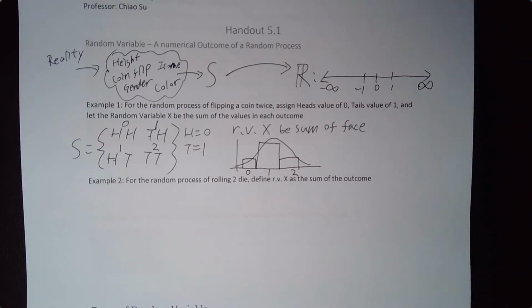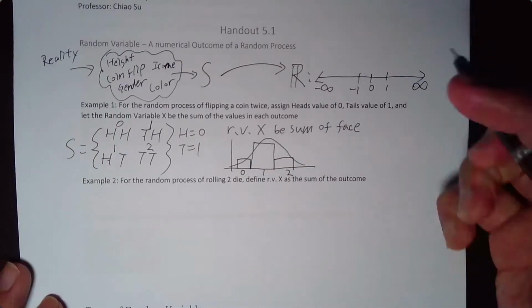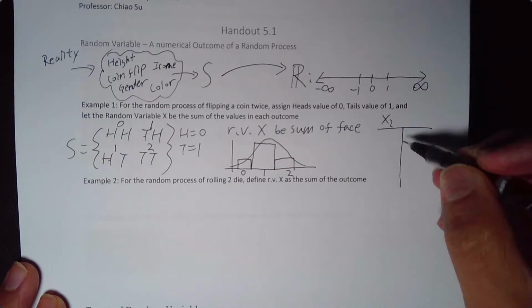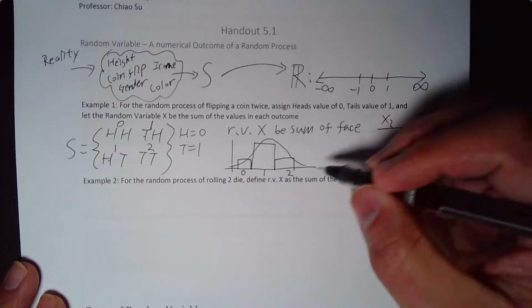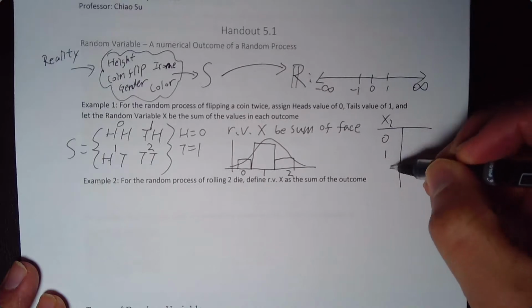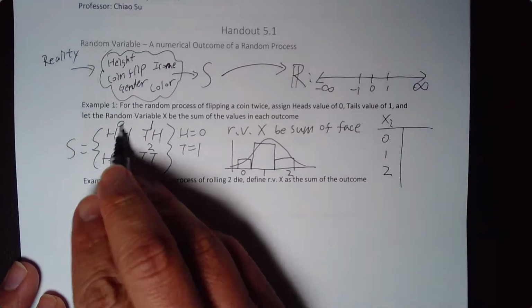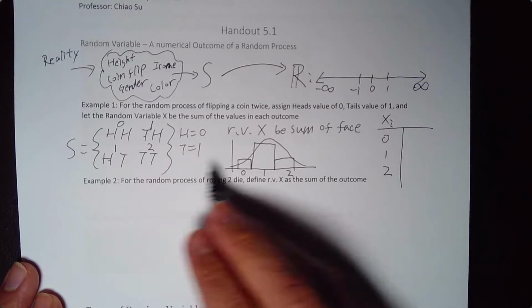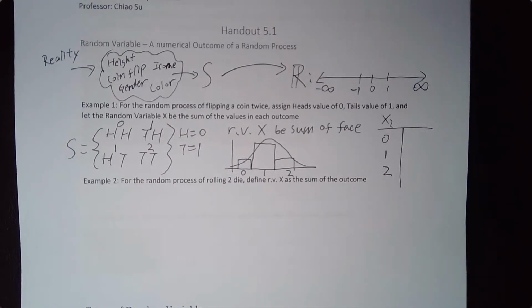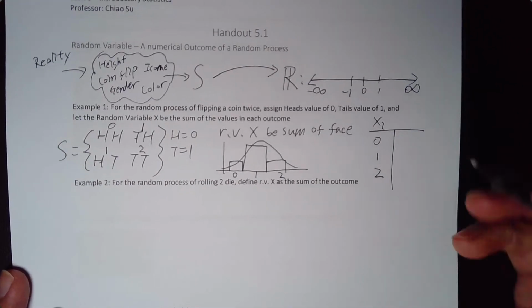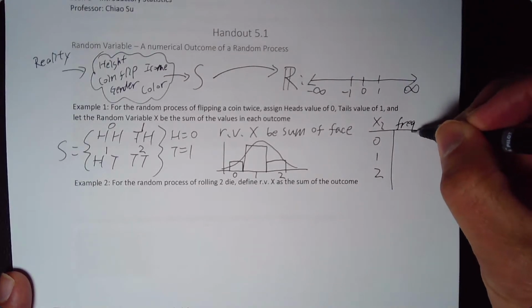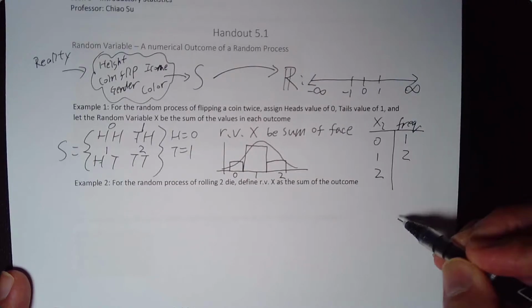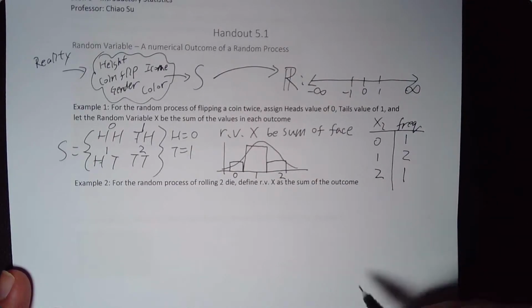Now, with random variables, we want to be able to express the possible values. So here, my possible values for this experiment are, again, 0, 1, and 2, because that's where they come from. Now, the 0, 1, and 2 don't happen at the same frequency. So I can have a frequency here: 0 happens once, 1 happens twice, and 2 happens only once.